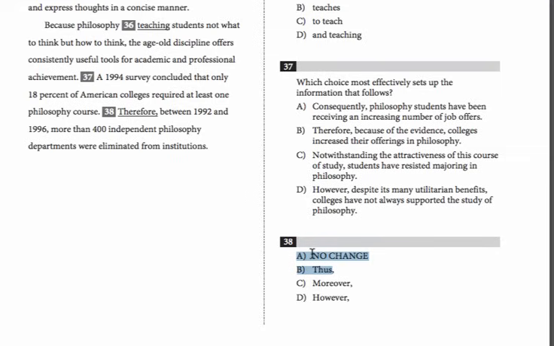Remember, if you have two of the same exact thing, both of them are wrong. I hate A and B. I think I'm going to kill both of them. Moreover means the same thing as additionally. Like, here's another related thing. I hate cheese. Moreover, I hate other fatty foods like mayonnaise too, right? And this is saying, okay, colleges don't offer it. Moreover, or additionally, a lot of them were canceling it.